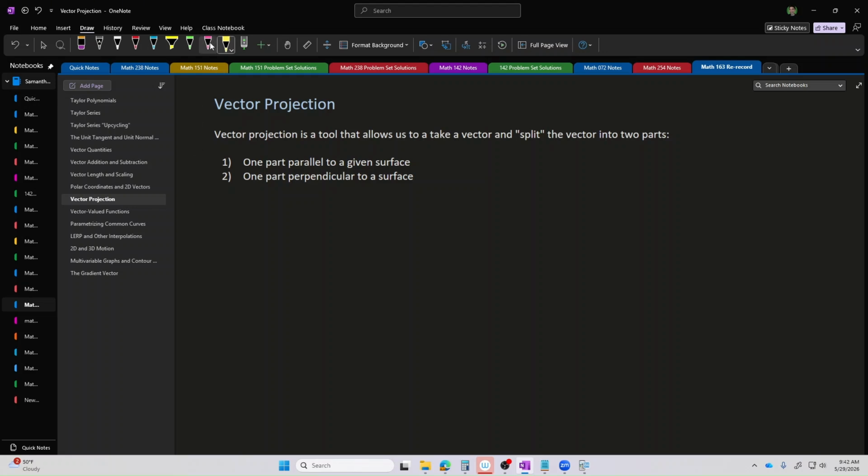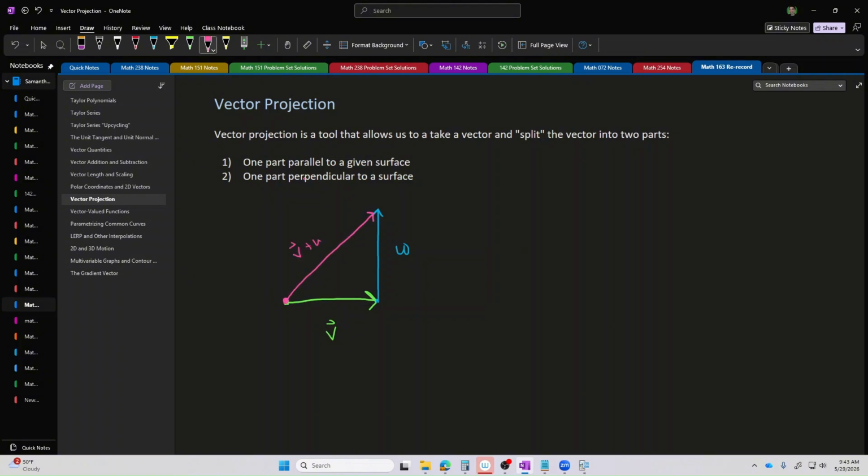When we introduced vector addition, we talked about how there is a triangle rule, where if you have a vector v and another vector w, then the sum of these two vectors represents the direct path from this initial position at the tail of v to this terminal position at the head of w.